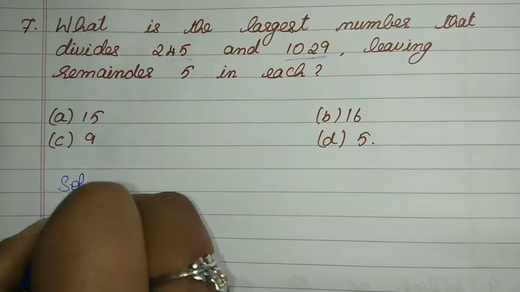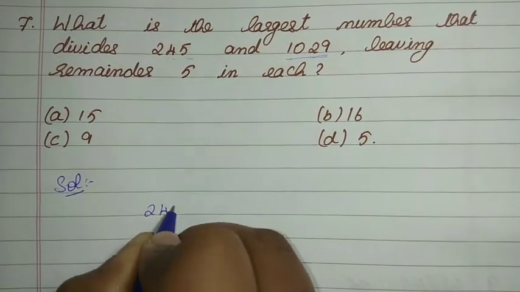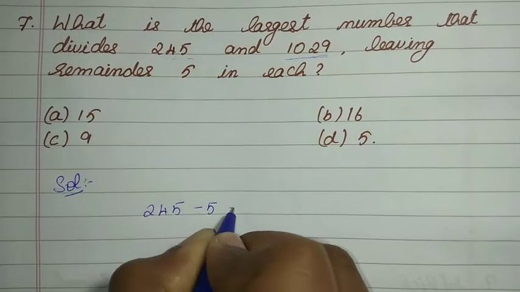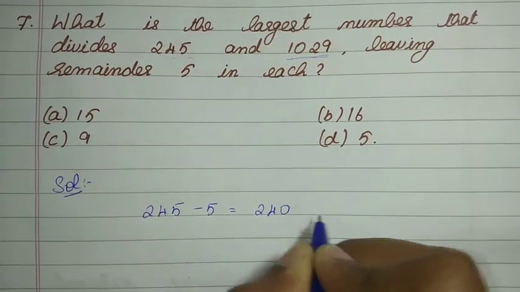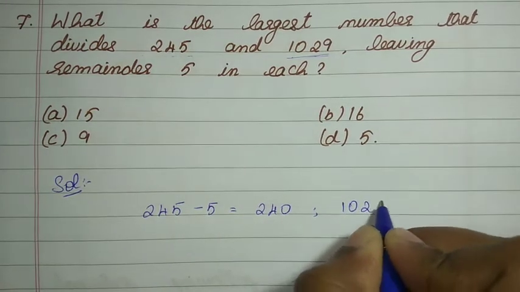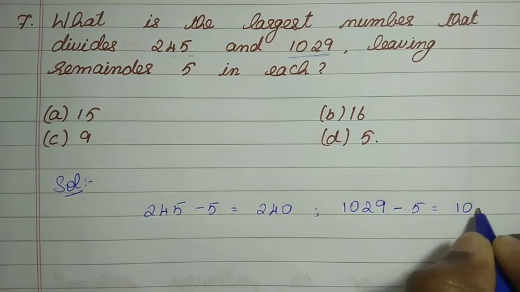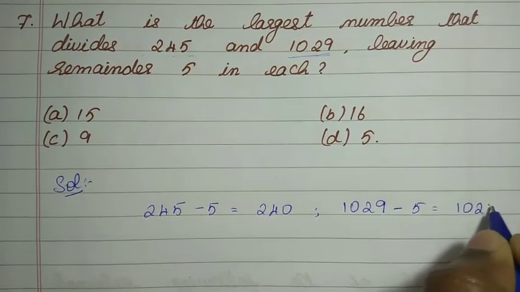So here let me write the solution over here. 245 minus 5 is equal to 240. Okay, this is one number, and 1029 minus 5 gives me 1024.